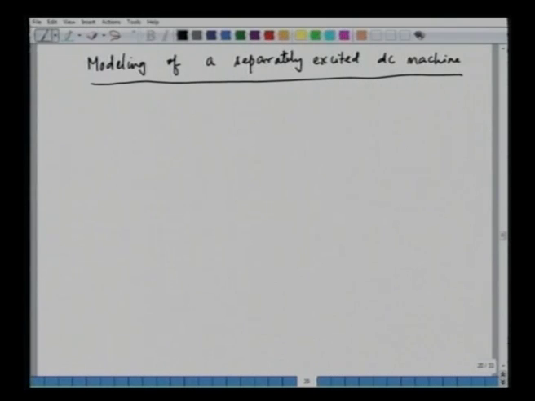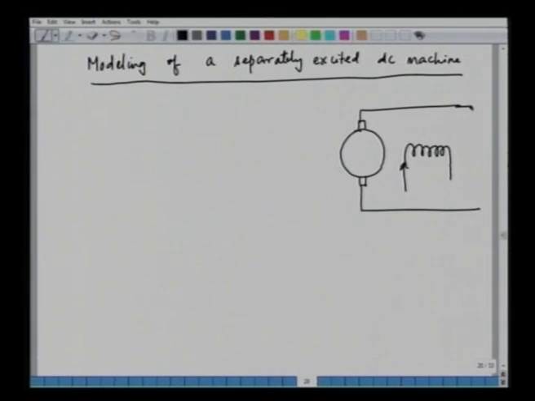If you see a separately excited DC machine, we have the armature and we have the field winding. These are the armature terminals. We can apply some armature voltage here, and this is the field winding.